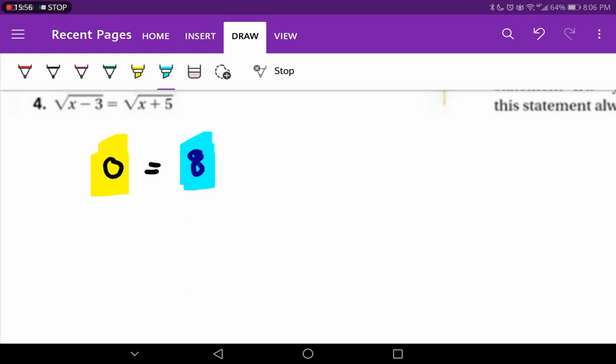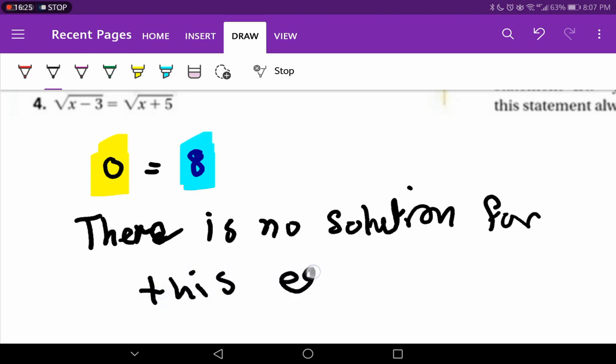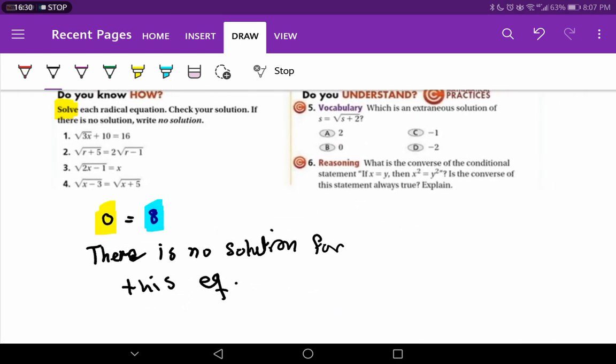Okay, that means there is no solution for this equation, poor equation. Okay, good.